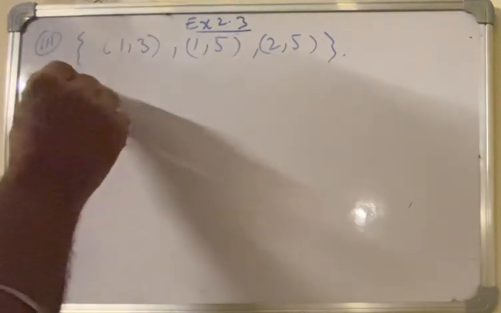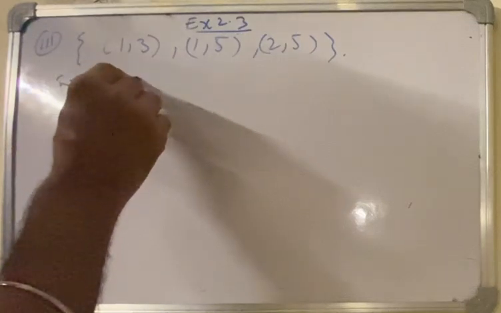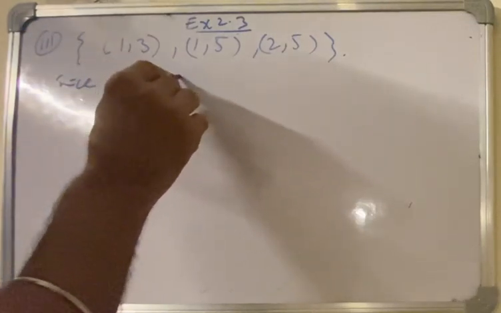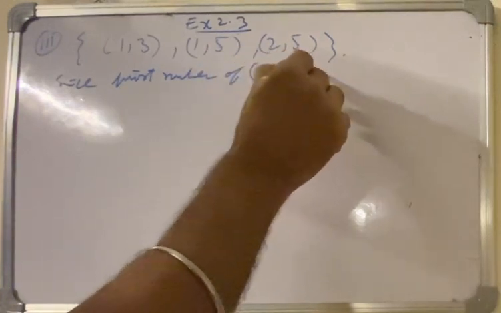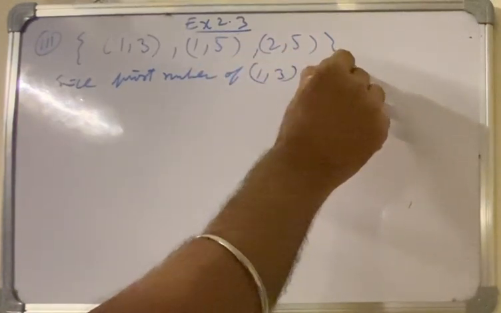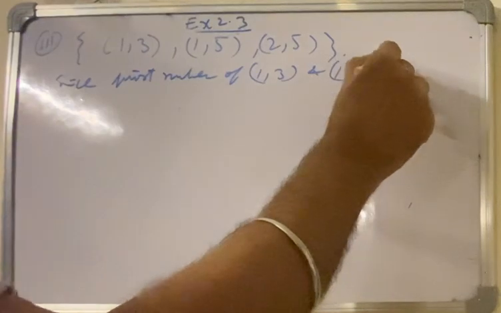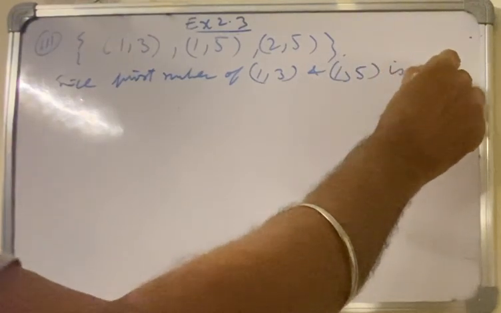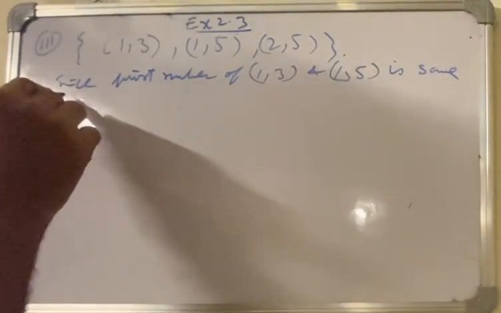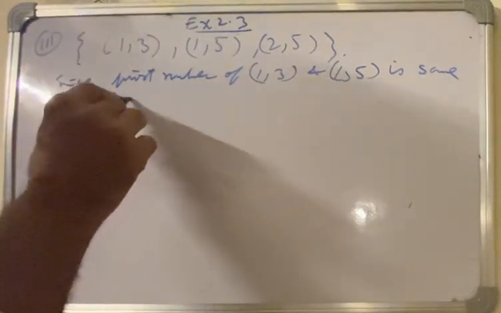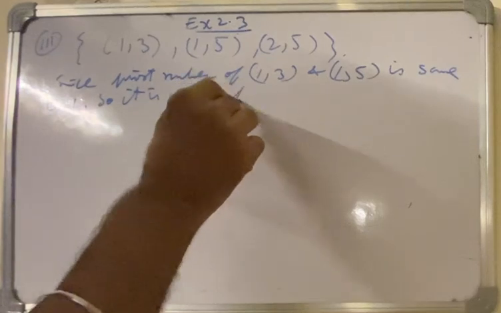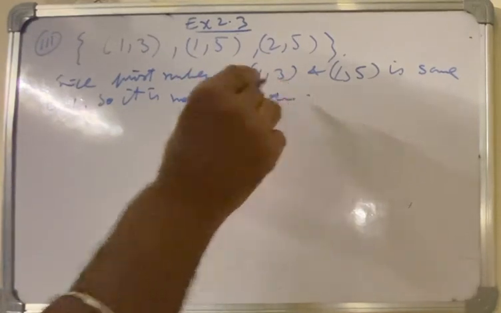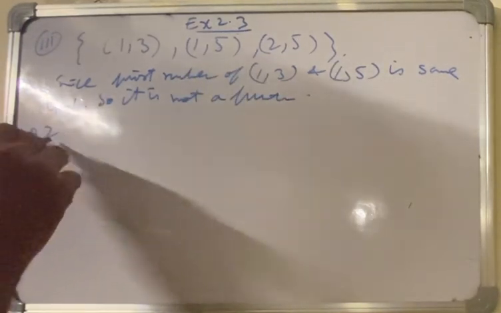Since the first number of (1, 3) and (1, 5) is the same, that is 1, it is not a function.